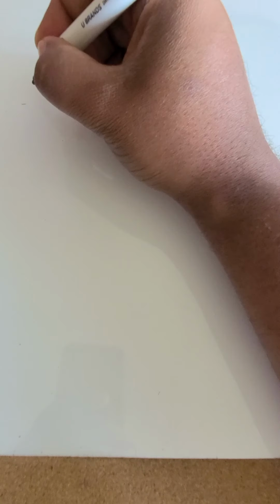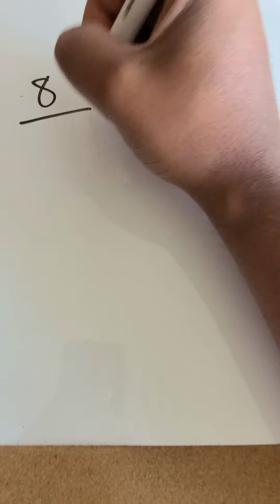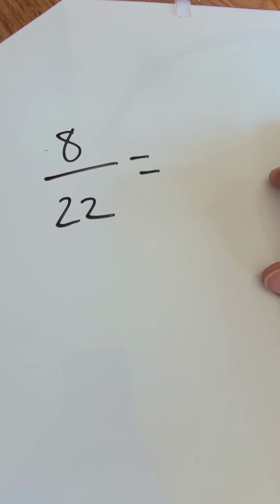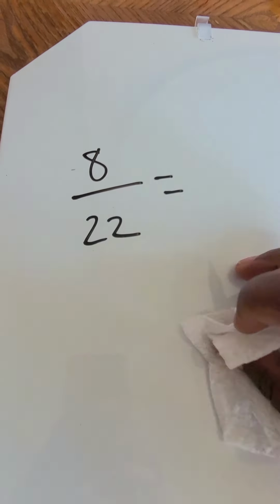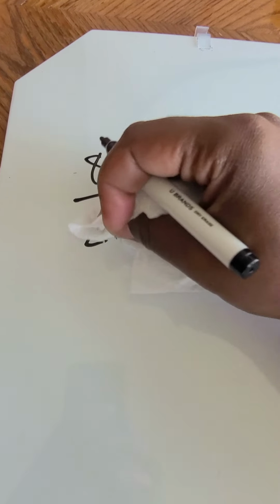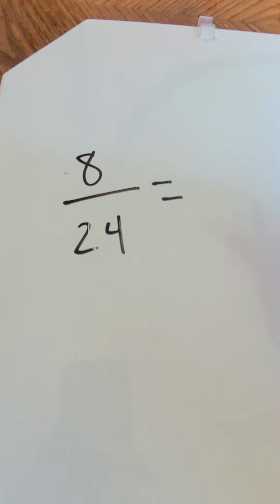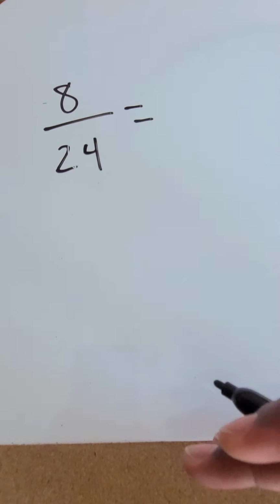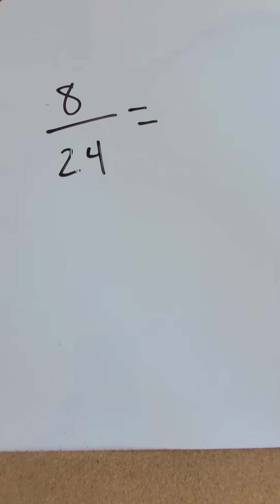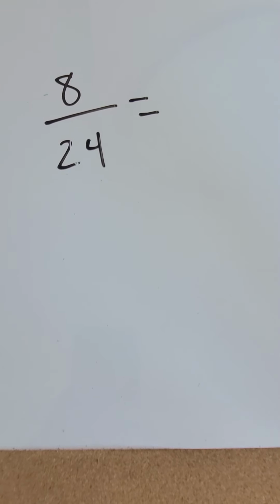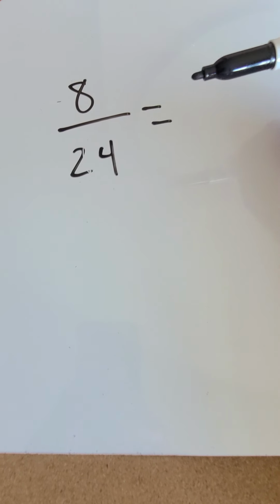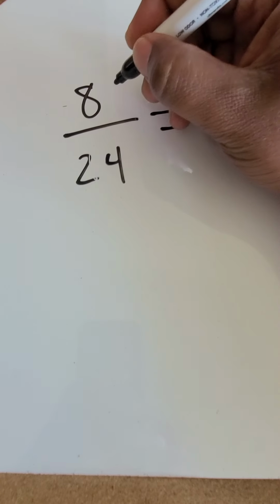So we have 8 over 22. You know what? Let's not do 22. We're going to do 24. Now, let's say, for time's sake, you can't write down all of the factors for 8 and 24 to find the greatest common factor. But we did identify that both of these are even numbers. So let's start with 2.